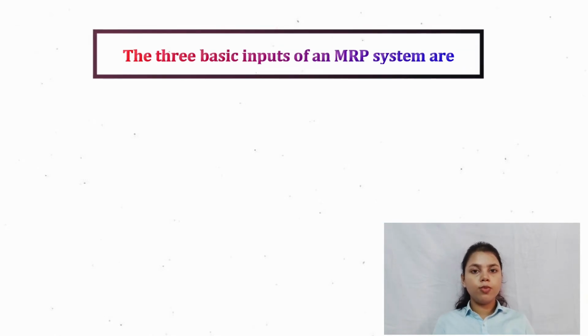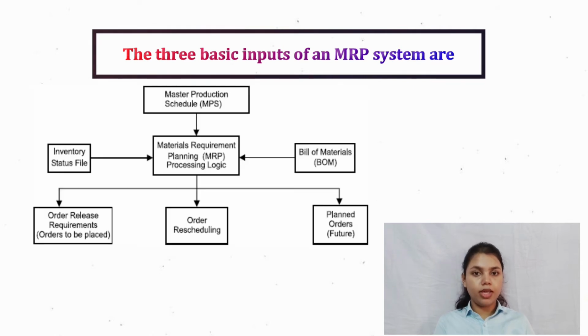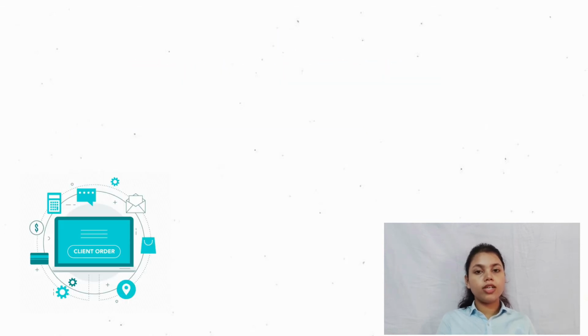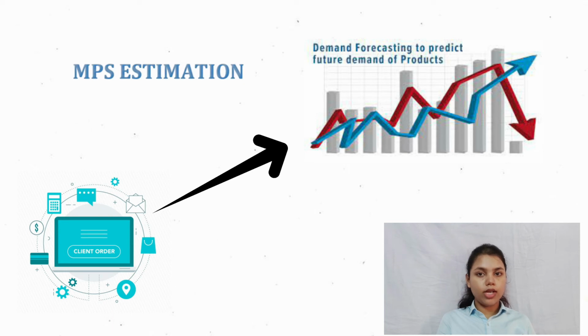The three basic inputs of MRP include Master Production Schedule or MPS, Inventory Status File or ISF, and Bill of Materials or BOM. The MPS is simply the quantity and timing of all end goods to be produced over a specific period of time. MPS is estimated through customer orders and demand forecasts.